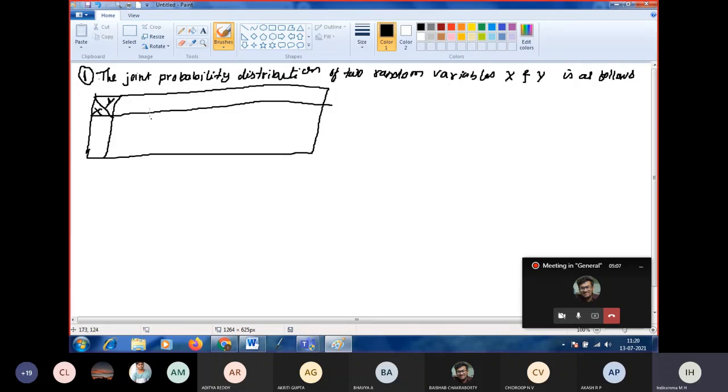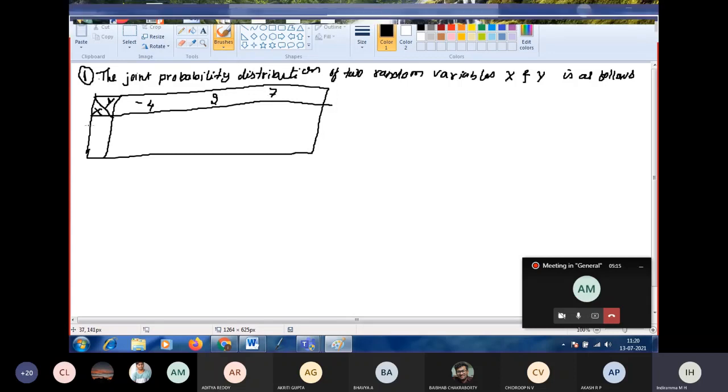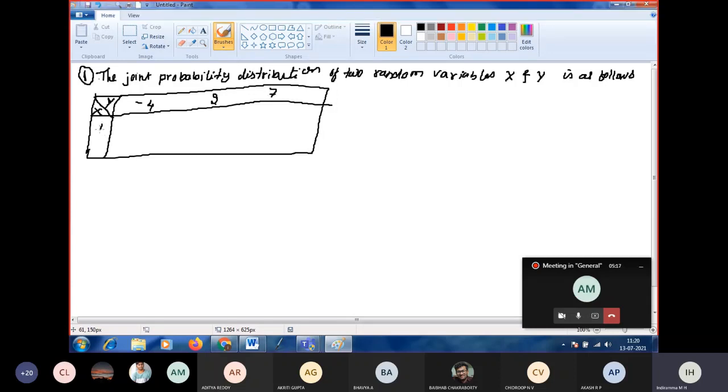So they are given the distribution as the y values are minus 4, 2, 7, and the x values are given as 1, 5. The probability when x is 1 and y is minus 4 is 1 by 8.